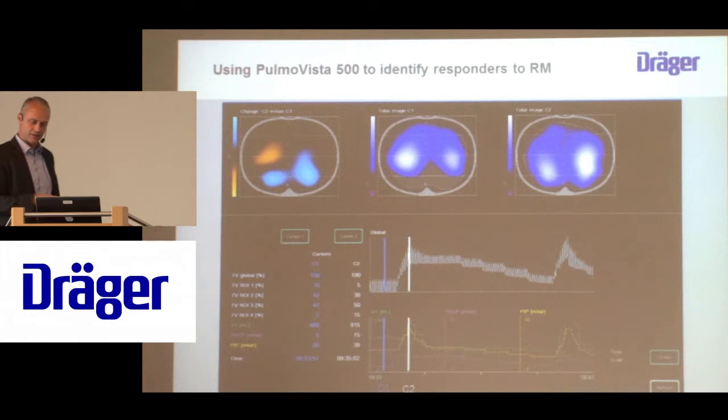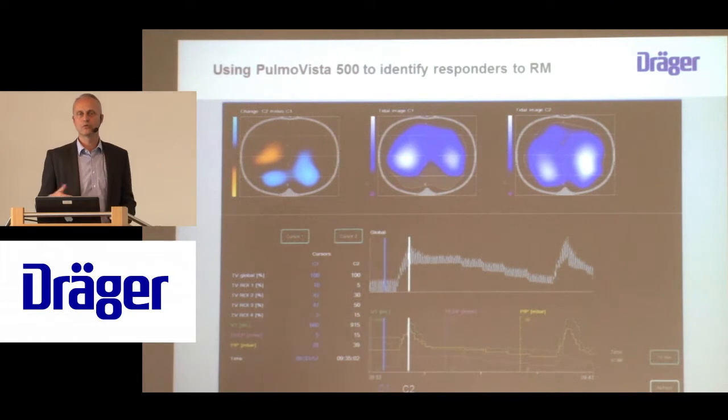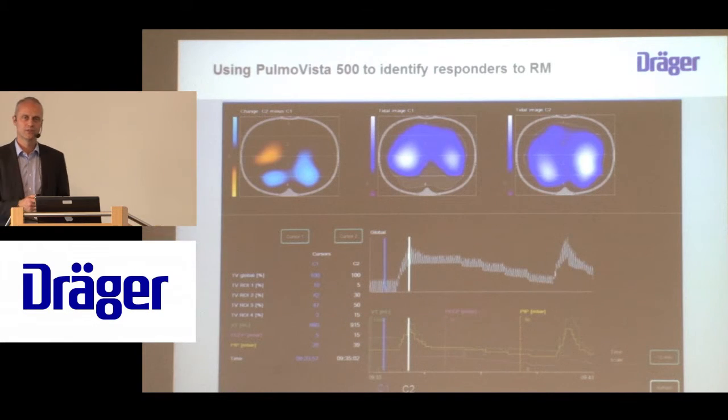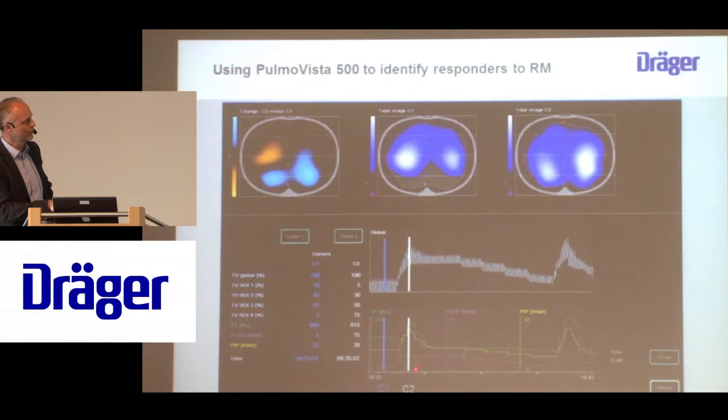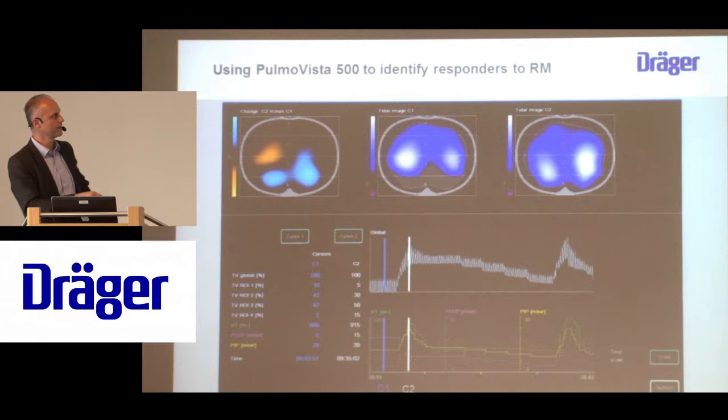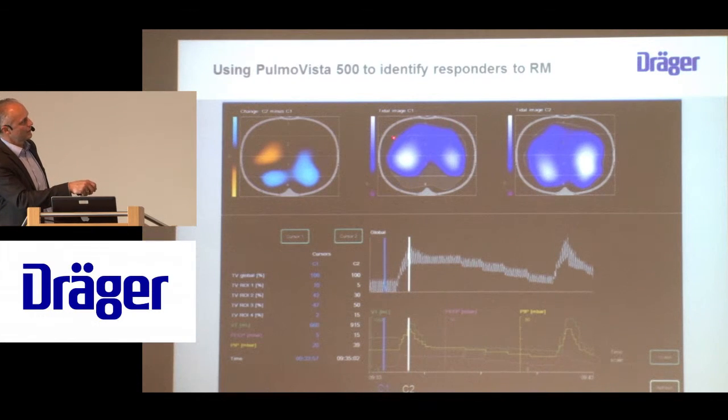The first task, and this is the first example of how you can easily use electrical impedance tomography, is if you do a recruitment maneuver and you set the first cursor position to the baseline and the second cursor position directly at the top of this recruitment maneuver, you can see that at the baseline you had very little ventilation here in the dorsal part.